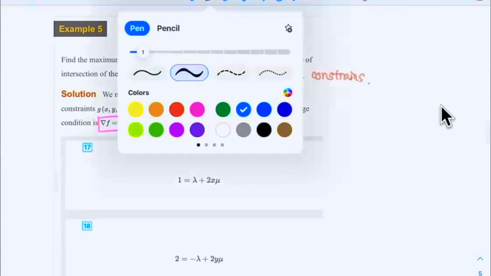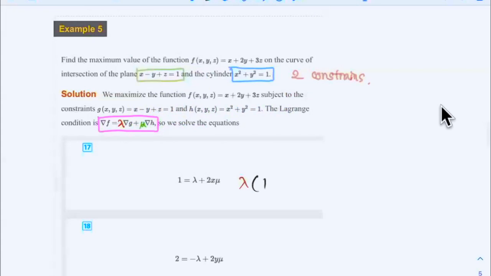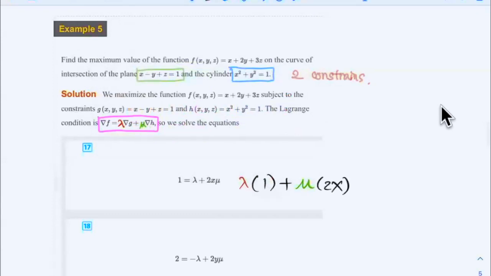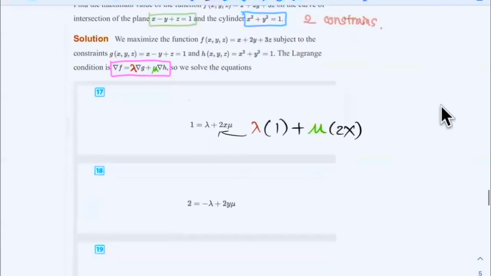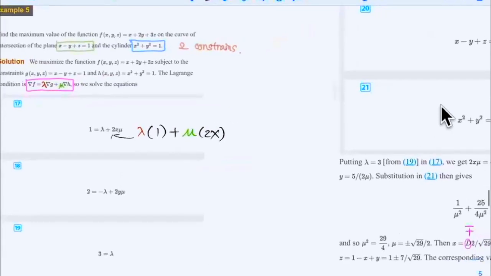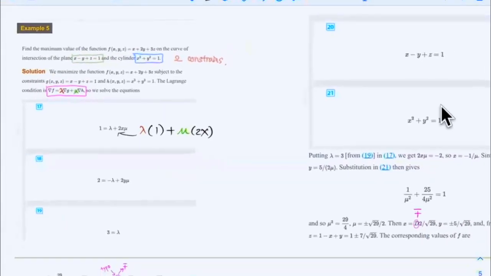So this is lambda times 1, and then plus mu times the partial derivative of h with respect to x, which is 2x. So this is the one right here, and similarly, you get this one and this one. After that, you just need to solve the system of equations for x, y, z, lambda and mu. But this time you have 5 variables.